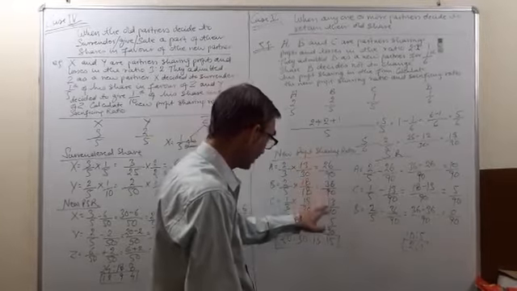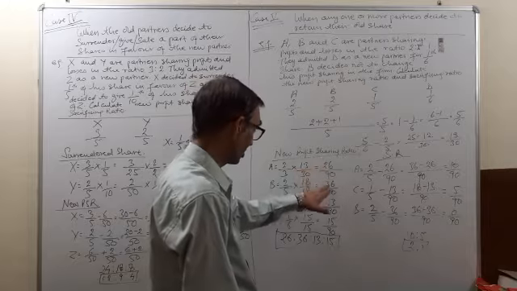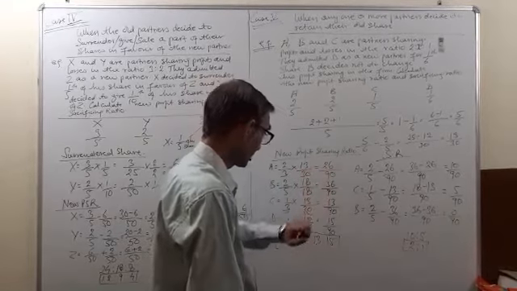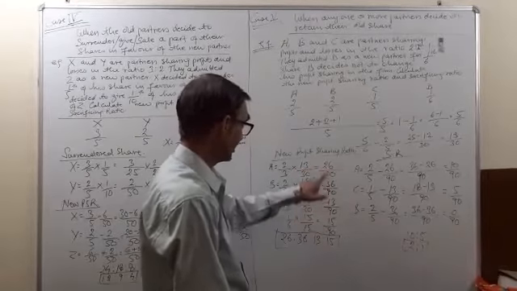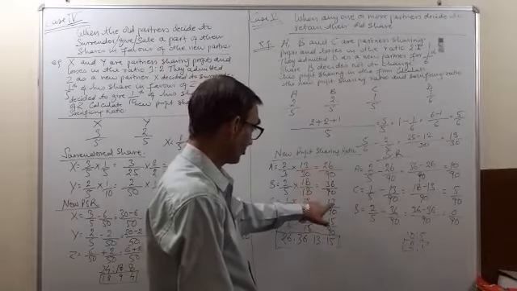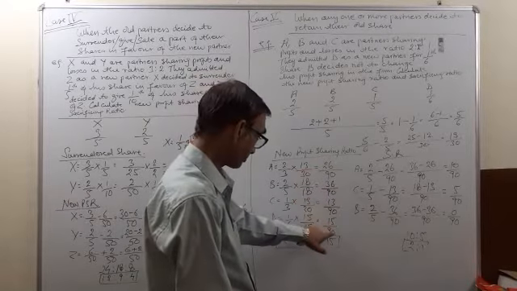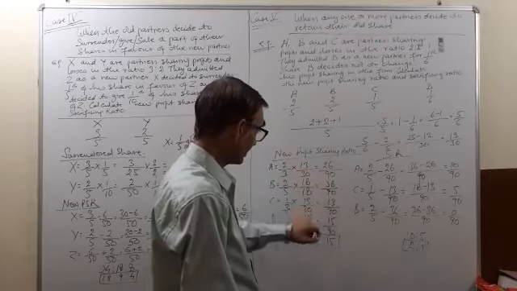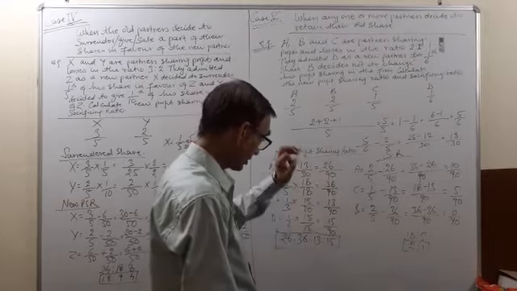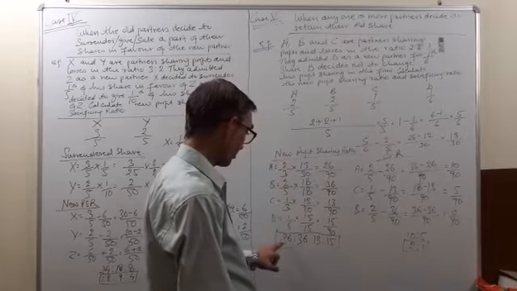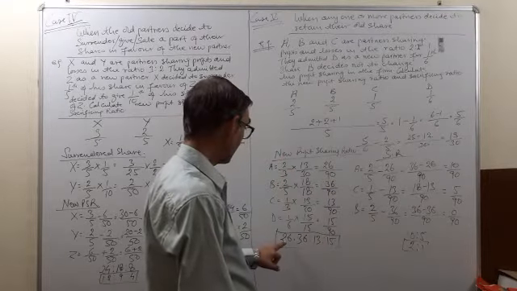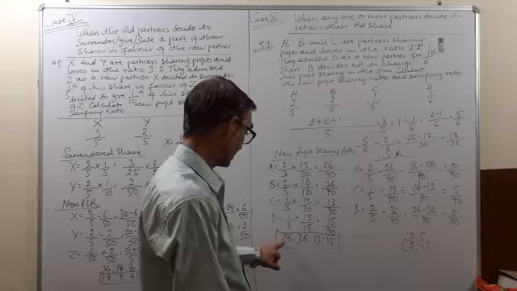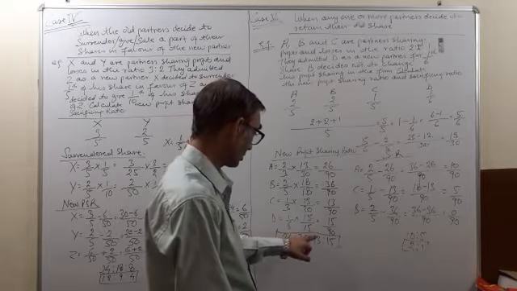Now if you sum up the numerators, 26 plus 36 plus 13 plus 15, it will come to 90. So the new profit sharing ratio between A, B, C and D will be 26:36:13:15.